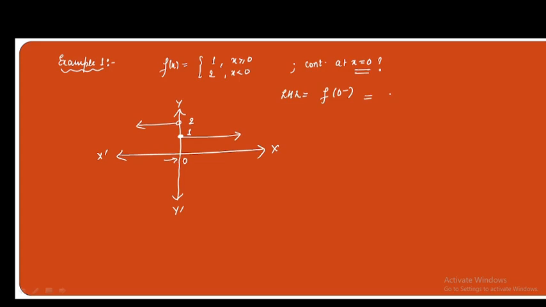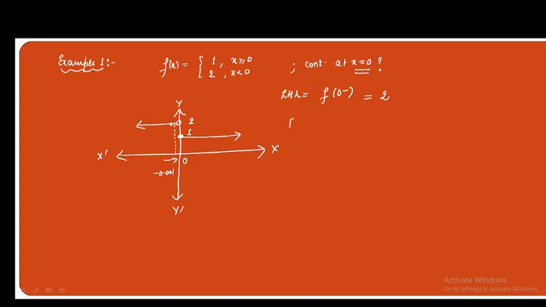Now this value will be what? If you take any value, let's take minus 0.001, it will be equal to 2 only. So here it is 2, right? Because here it is a line which is parallel to x axis. So whenever you are increasing x in negative direction, the value of f(x) will always be the same, right? So here it is 2.